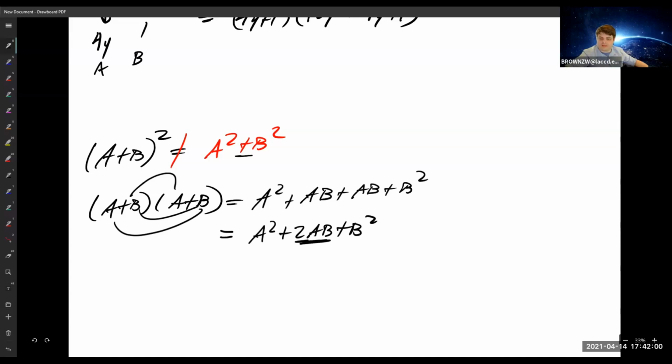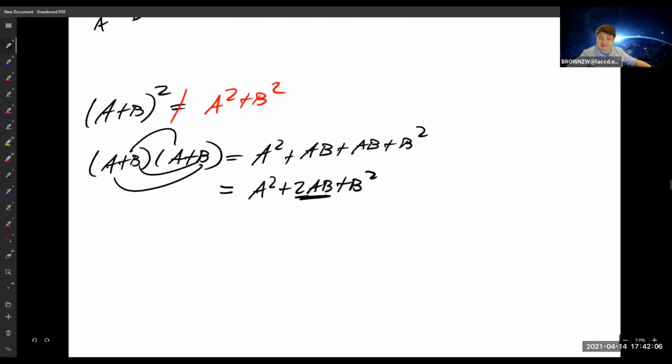So the thing that this is missing here is this middle term that comes up. But the nice thing is that if we're squaring it, these two terms are always going to be the exact same thing. So you're always going to have this double term. So what we can do is actually reverse engineer this a little bit as a way to simplify this.